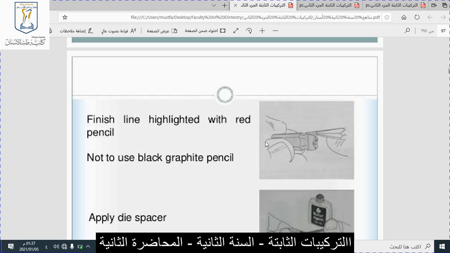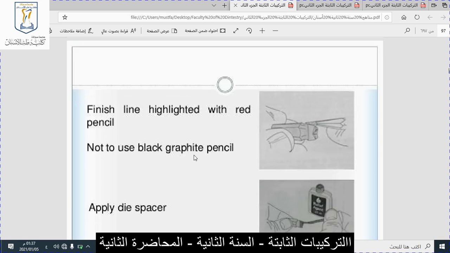So we do not use a graphite pencil when we cast chrome cobalt or nickel chrome alloys, because nickel carbide or chromium carbide will make the cast brittle.